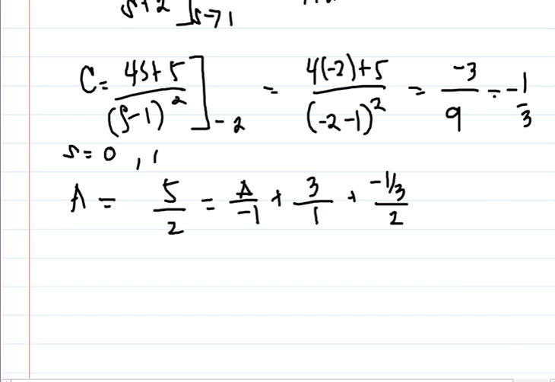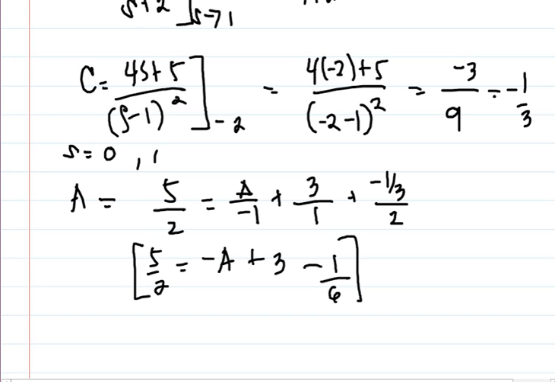So this will be equal to, okay, we have 5 all over 2 is equal to negative a plus 3 minus 1 all over 6. So multiply ko siya by 6 both side kay para ma-common sa aton nga both side. So we will have, so this is 30 divided by 2 is 15 is equal to negative 6a, okay, negative 6a plus 18 minus 1.